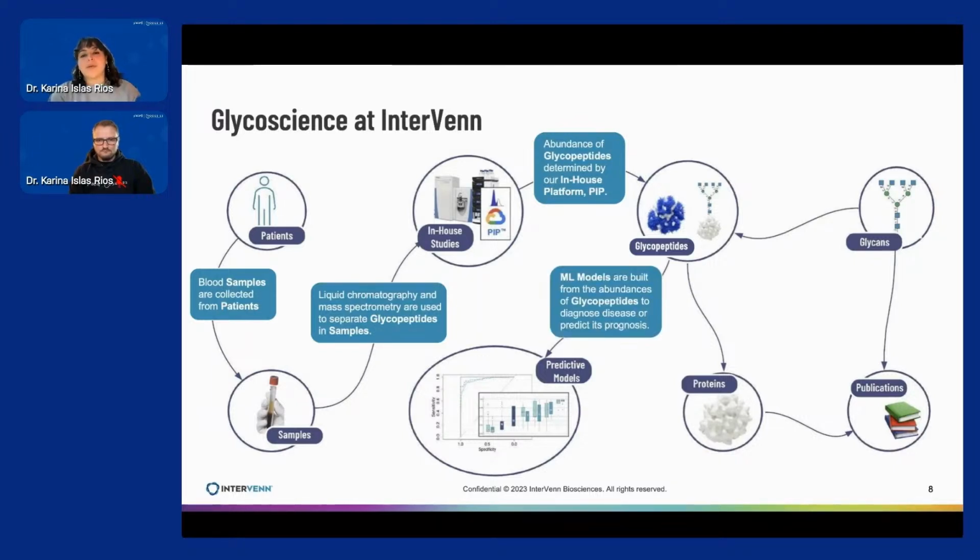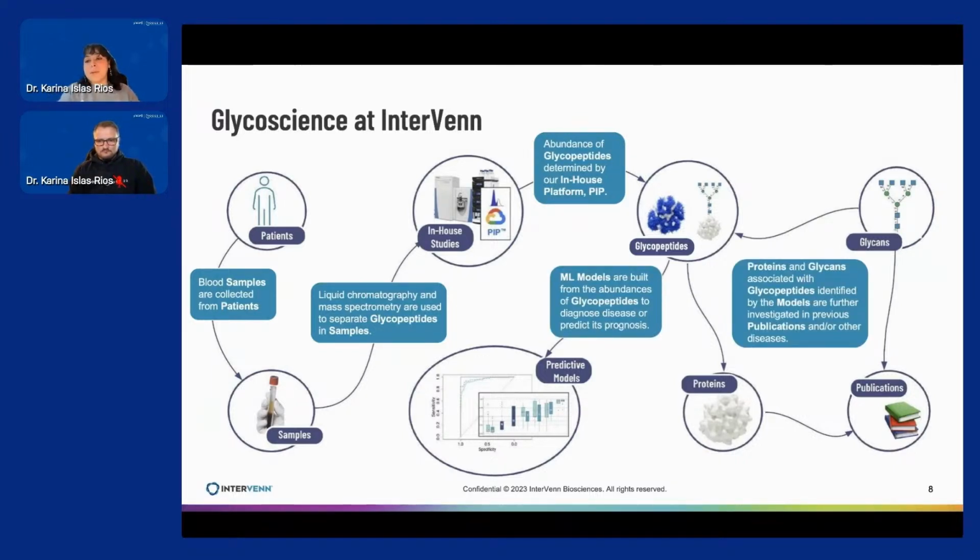And that is where the challenge arrives, because now that we have this small list of markers, we have to look into the other information that we have about it: the publications, the interactions with other proteins, all the information about pathways, and the glycans, as Alex was saying before, the structure that they have and how this is impacting the behavior of the protein itself.